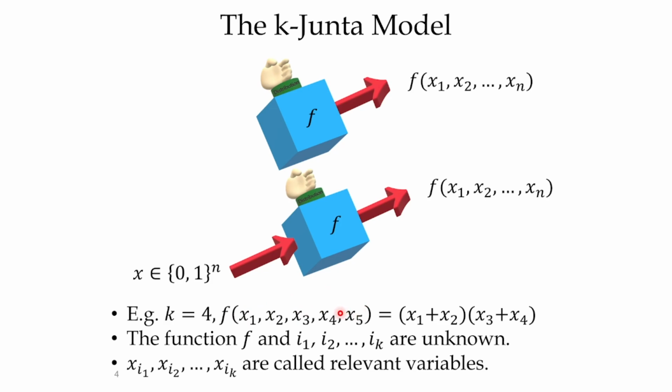But the function's output relies only on 4 variables, x1, x2, x3, and x4. So this function is a 4-Junta. The function and its variables are unknown, and the variables it relies on are called relevant variables.